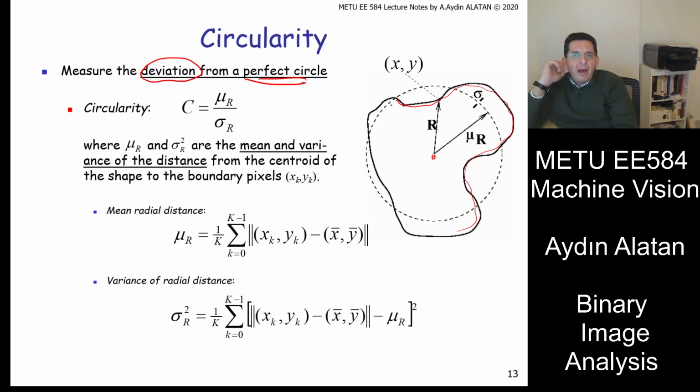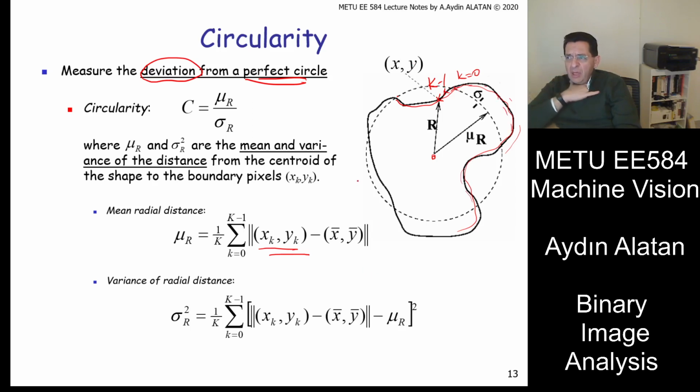Okay, then you calculate for every point. These are your x_k, the numbers k starting from maybe 0, going the whole way to K minus 1. There are a total of K coordinates on this silhouette, on the boundary of the silhouette.